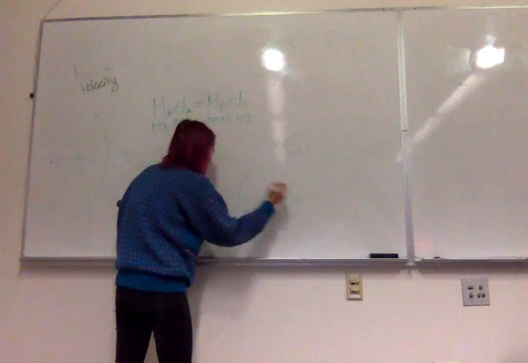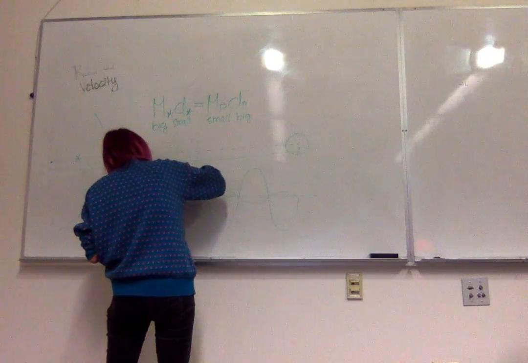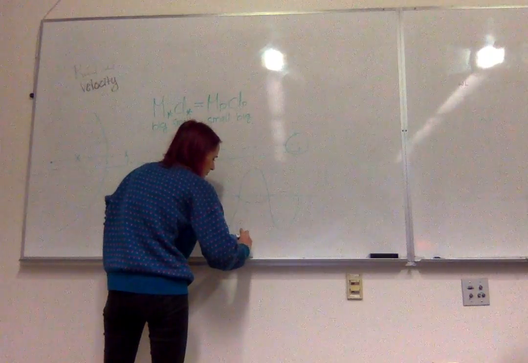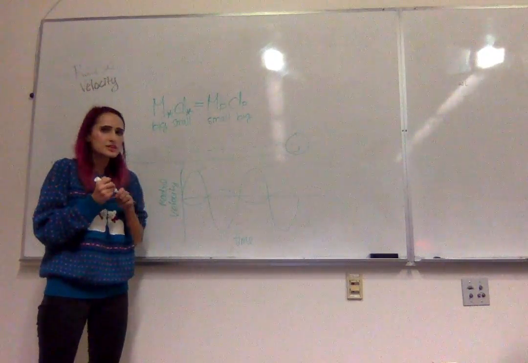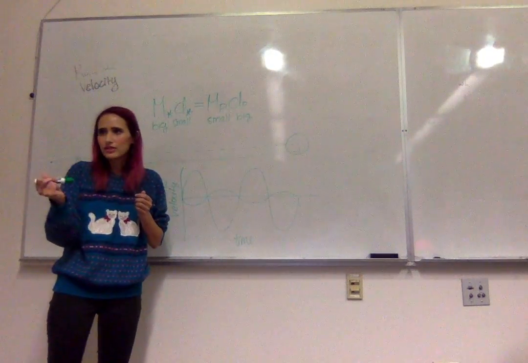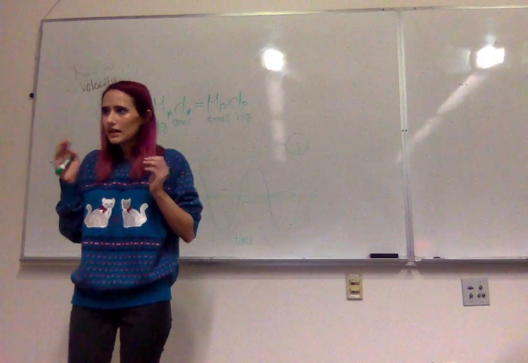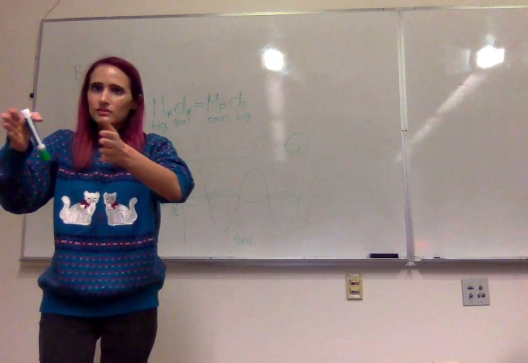And these are their velocity curves, or radial velocity over time. This is how fast this star is moving towards or away from an observer. So if something is going in a circle, sometimes it's moving directly towards the observer.